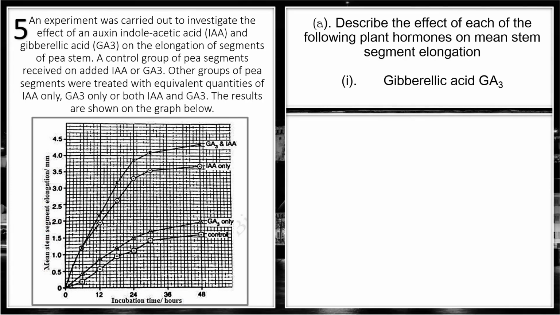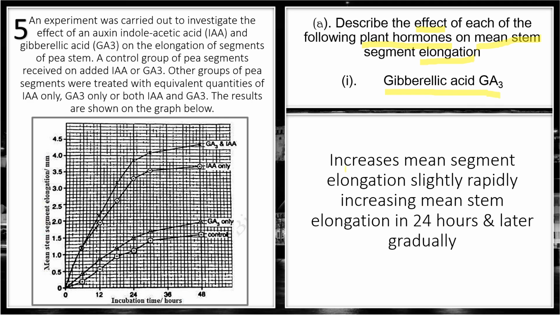Part A. Describe the effect of each of the following plant hormones on the mean stem segment elongation. First one is gibberellic acid. It increases the mean segment elongation slightly rapidly, increasing the mean stem elongation in the first 24 hours and later gradually.